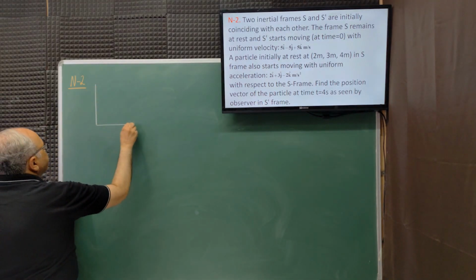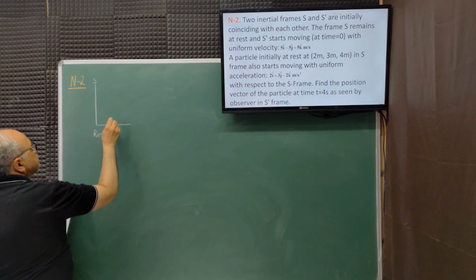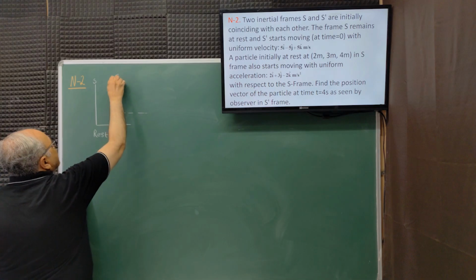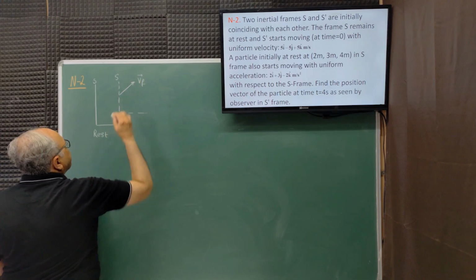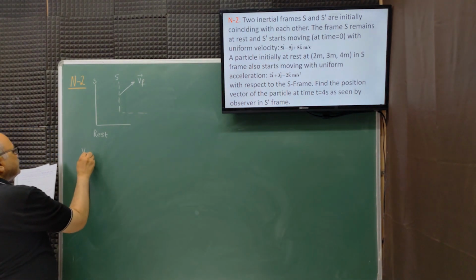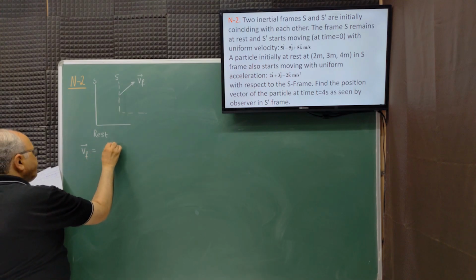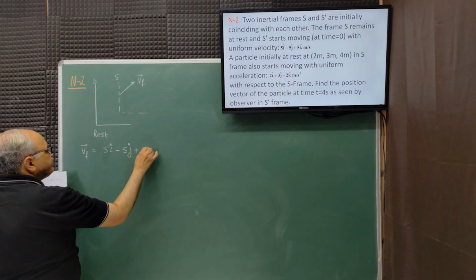One is the S frame, which is at rest, and there is an S dash frame, which is moving with a velocity, let's say Vf. And it's given that this velocity Vf, that is the velocity of the frame, is 5i cap minus 5j cap plus 5k cap.